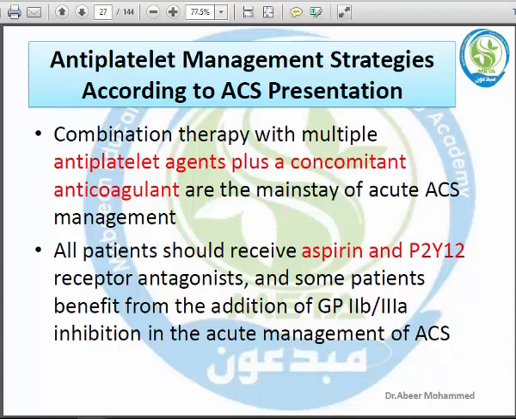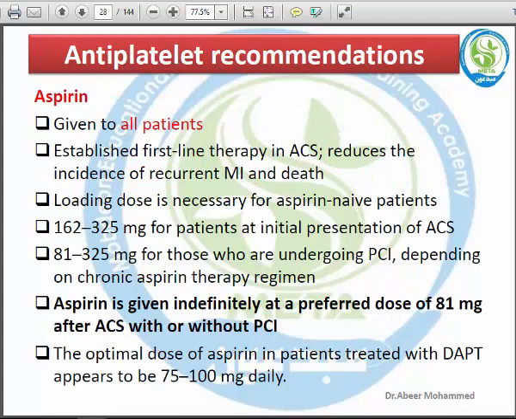All the patients should receive aspirin and a P2Y12 inhibitor like clopidogrel, ticagrelor, or prasugrel according to the patient case. In some patients we may need to add glycoprotein IIb/IIIa inhibitors like abciximab.